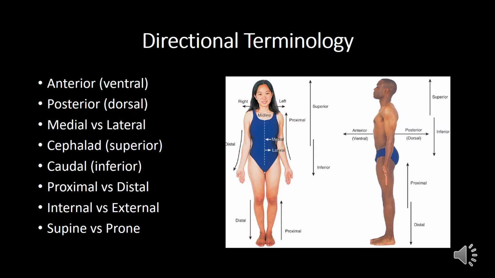Now, you need to be very careful about the order of these terminologies. It can be really tricky. So, if we're saying the wrist is proximal to the fingers, that's true. The wrist is closer to the point of attachment.